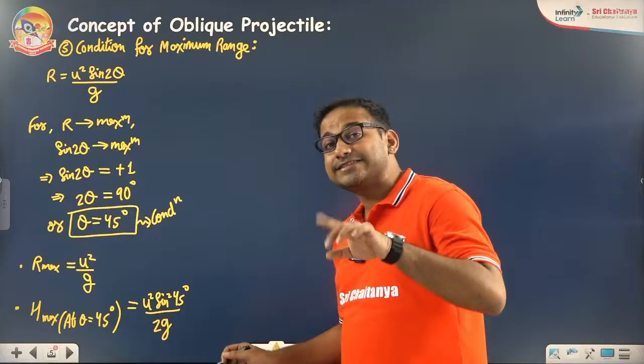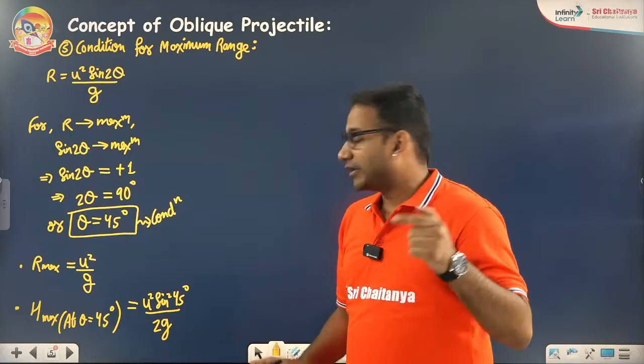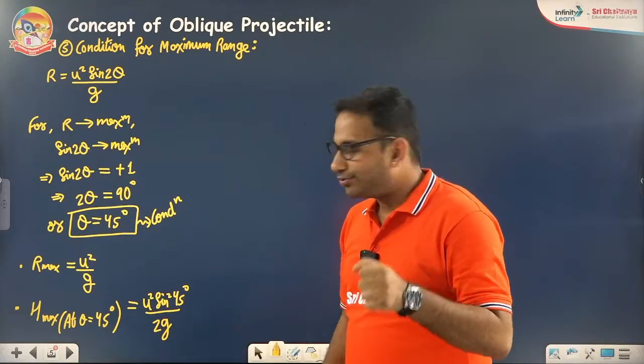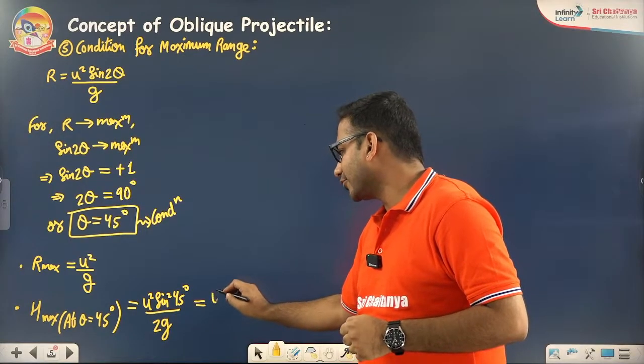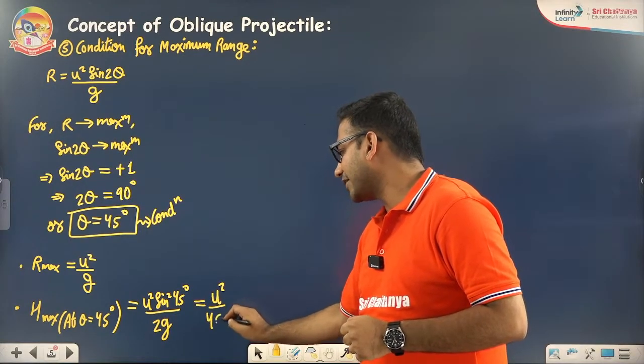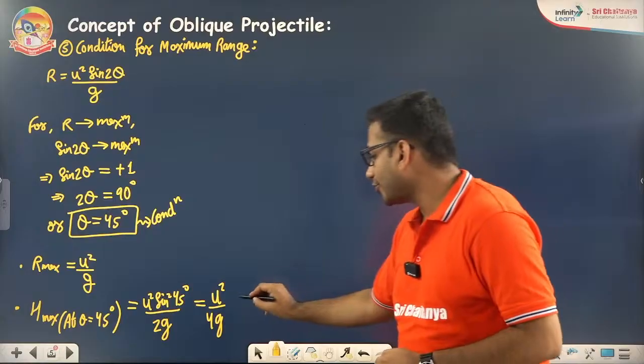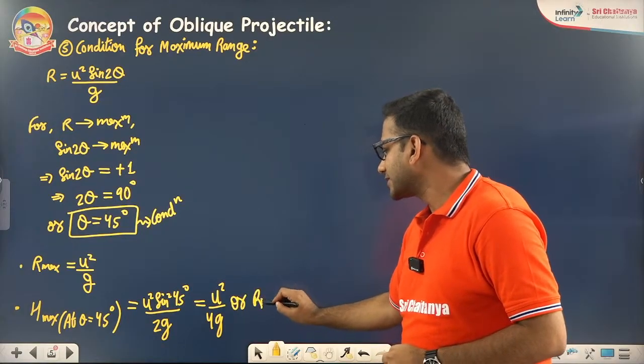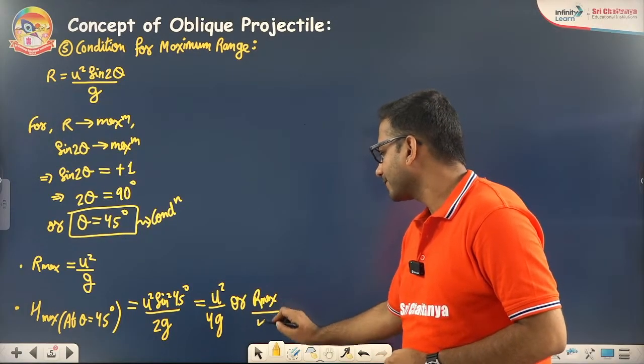Sine 45 degrees is 1 by root 2. 1 by root 2 square is 1 by 2. Another 2 is already there in the denominator. So it is U square by 4G, or you can write it as R max by 4.